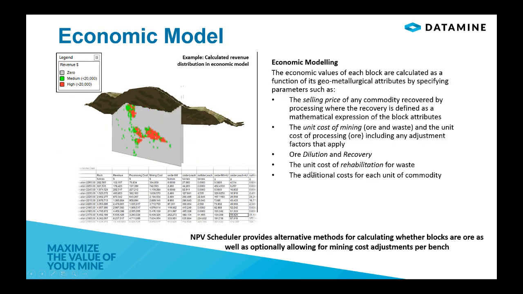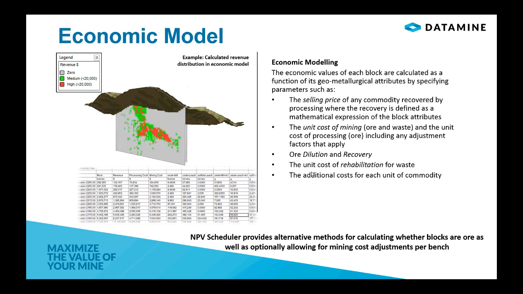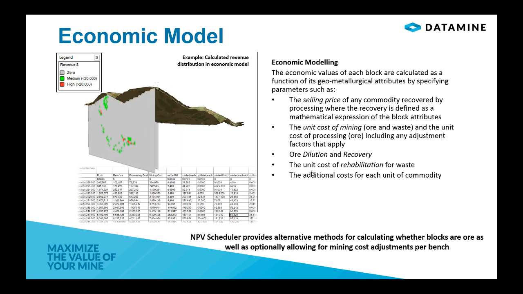Next, we define the economic settings. We have a comprehensive tool for defining different prices of our commodities, mining recoveries, processing recoveries, and processing costs for each unit of material processed or each unit of metal or product recovered.